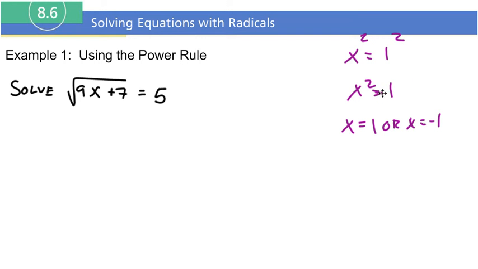Okay, so the power rule, if I could say that correctly there, is basically doing this right here, which is squaring both sides. Okay? And there's one thing though, if you're going to square both sides, notice what happened here. We got two solutions, okay?